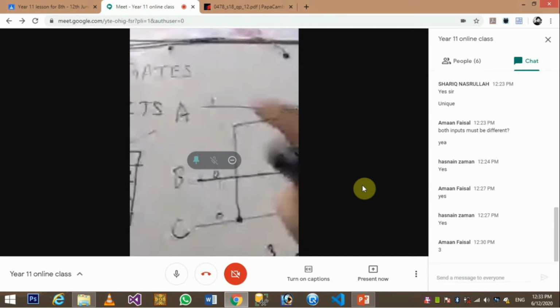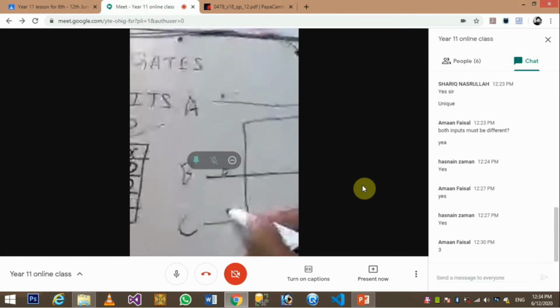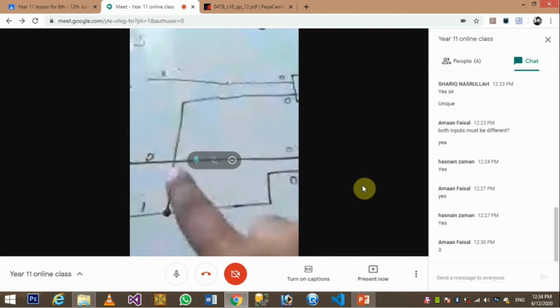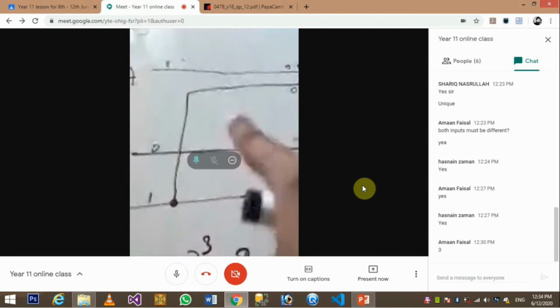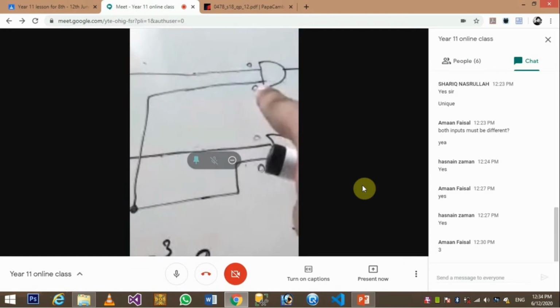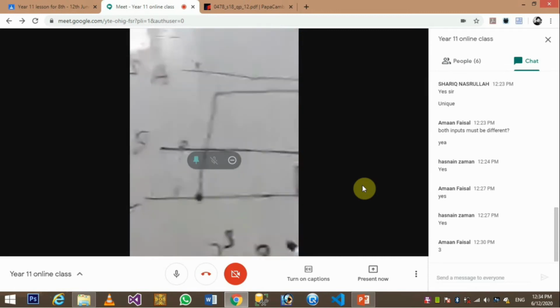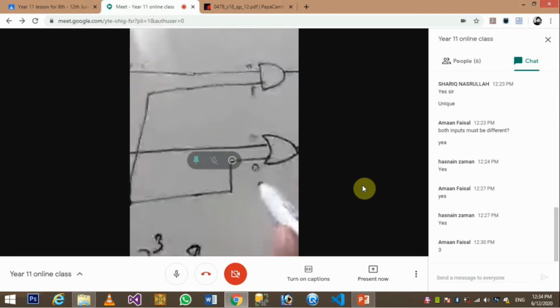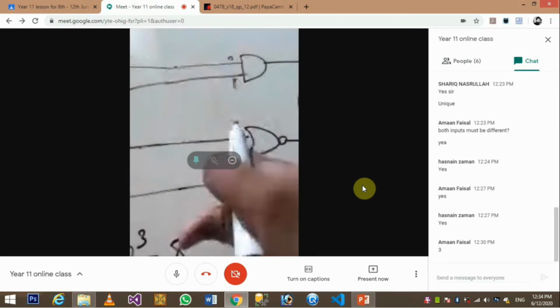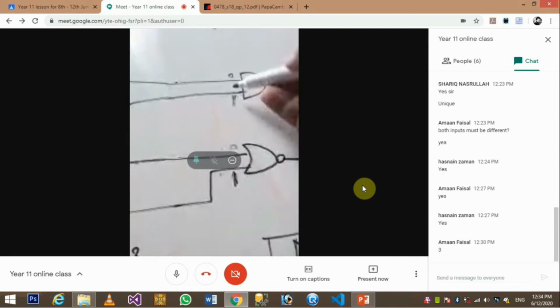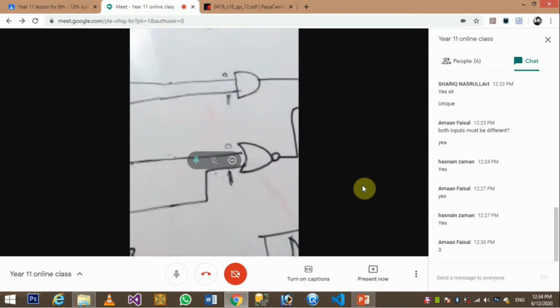Similarly 0 0 and 1, I'm just changing it. 0 would be transmitted here, 0 would be here, and 1 would be here. And here 1 would go here too. So 0 and 1 in AND gate, there will be 0.